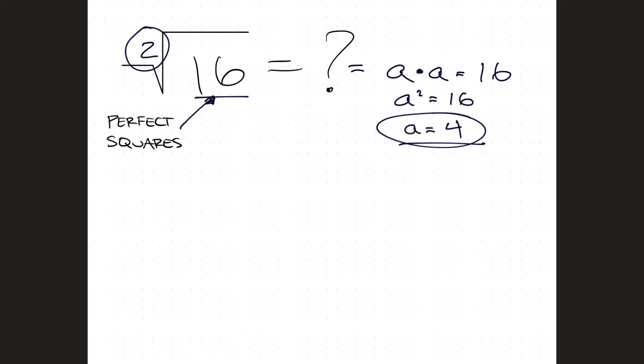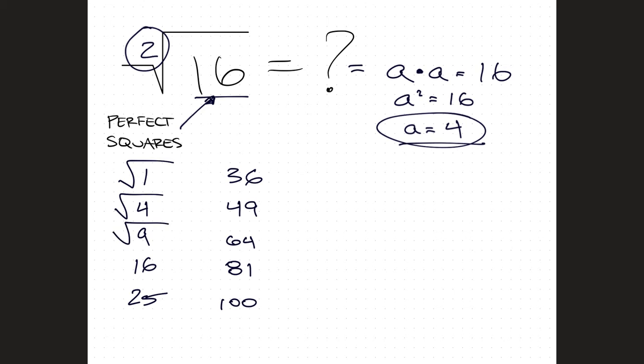And there are 10 within the first 100 numbers. We have 1, 4, 9, 16, 25, 36, 49, 64, I almost forgot for a second, 81, and 100. So when I take the square root of all of these numbers, I'm looking for the second root. Because I'm not writing anything in the index, it means it's a 2.